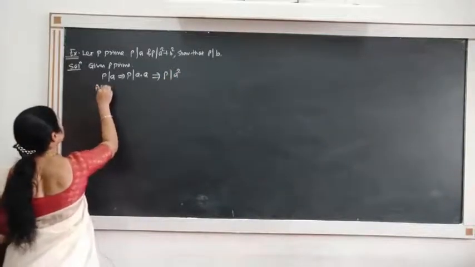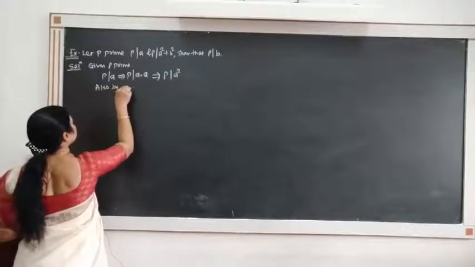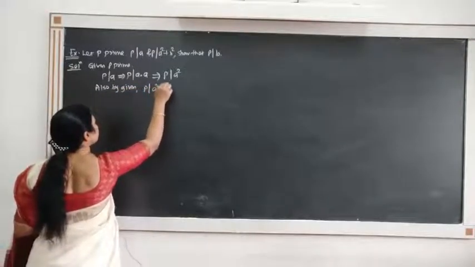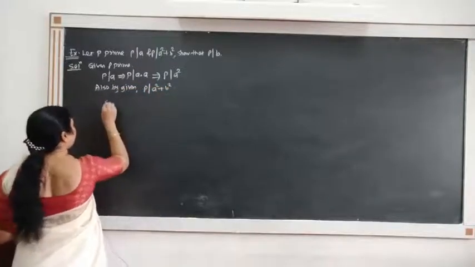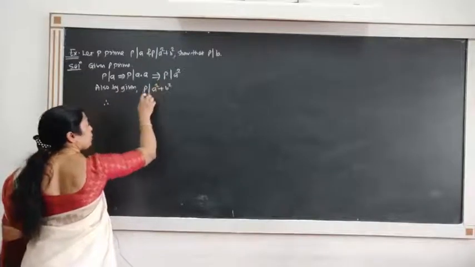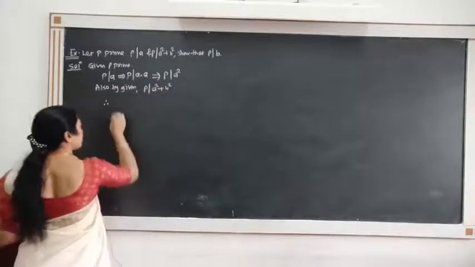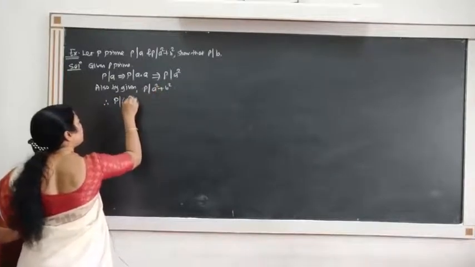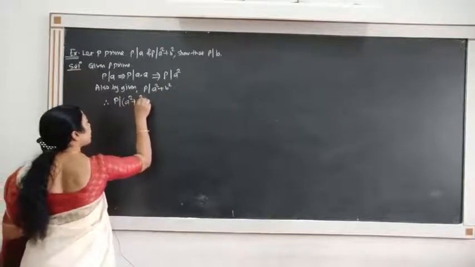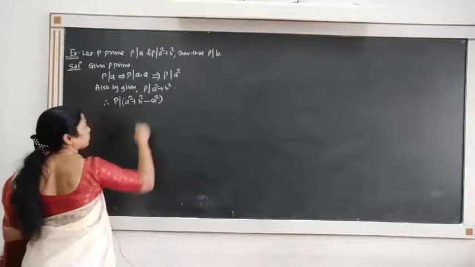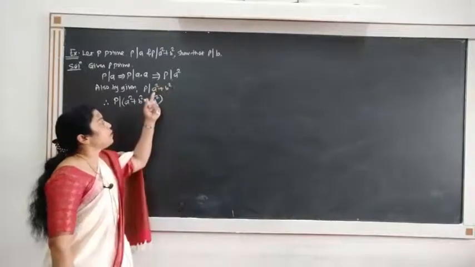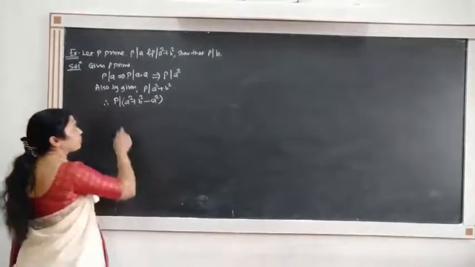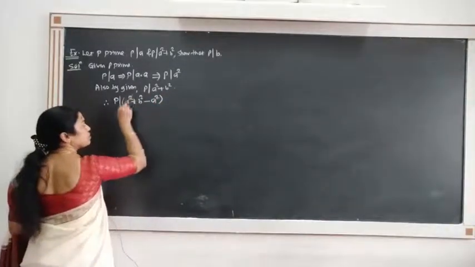Also given, P divides A square plus B square, and P divides A square, so P divides the difference of them, that is P divides A square plus B square minus A square.